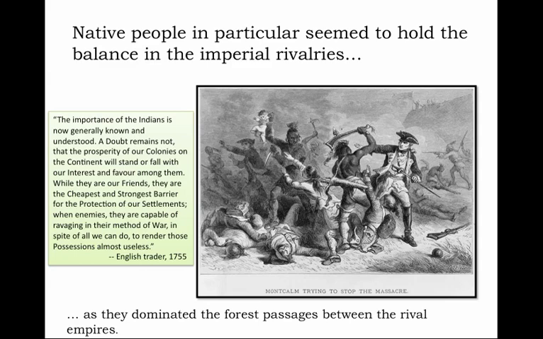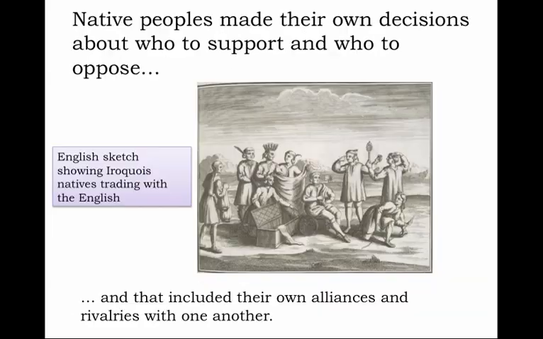So an English trader in 1755 acknowledging the critical part played by native peoples throughout the North American landscape as go-betweens, as partners, as allies, and sometimes as enemies in the imperial game of territorial expansion between the French, the British, and the Spanish. Native peoples certainly made their own decisions about who to support and who to oppose, and that included their own alliances and rivalries with one another.